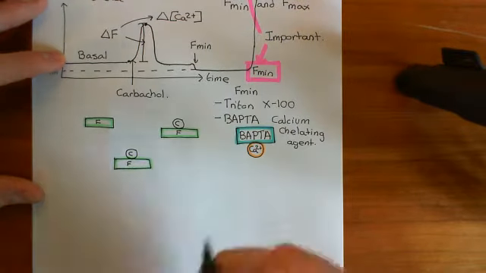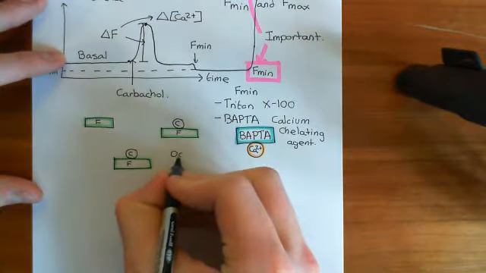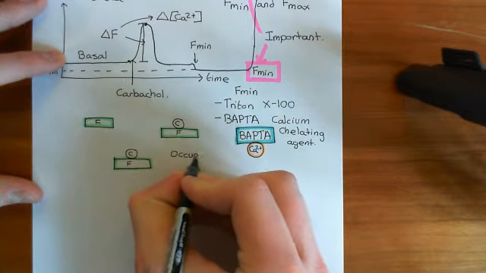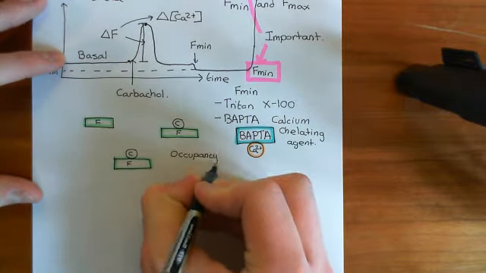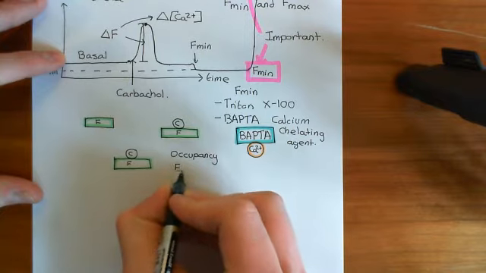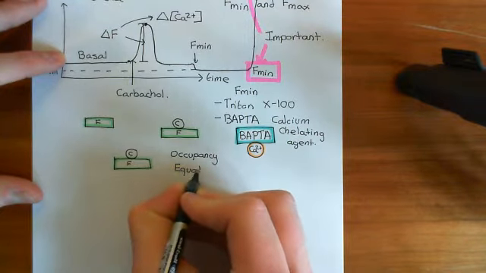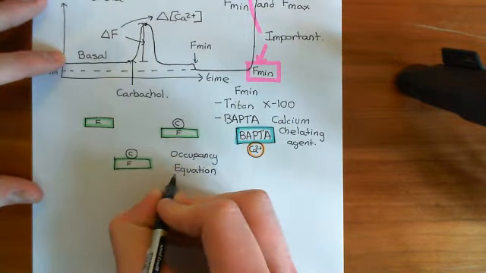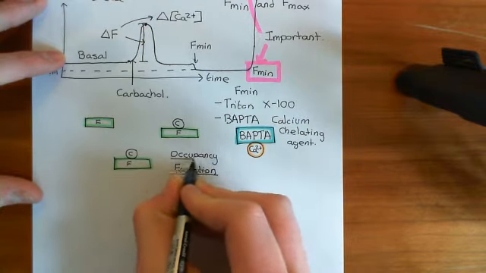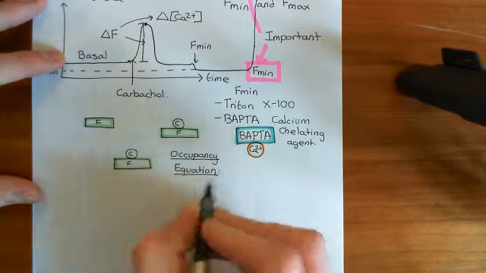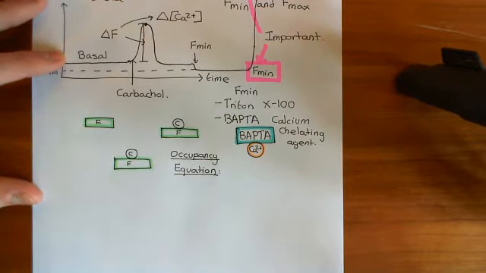The way that you do that is with an equation known as the occupancy equation. Firstly, I'm just going to write the occupancy equation out, and then I'm going to explain where it comes from. I'll give you a little derivation of it. The occupancy equation is utterly essential in pharmacology. It's really, really important in pharmacodynamics.